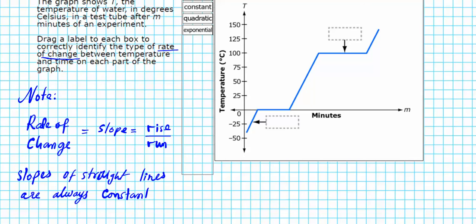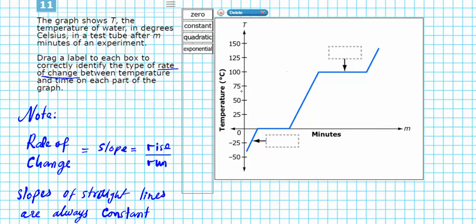So whatever set of points you pick on the straight line and you calculate the rate of change of the slope, you're going to get exactly the same number on the straight line. Okay, so if you look at this graph that we have here, we have 1, 2, 3, 4, 5 intervals, and on each interval we have a straight line. So guess what? For each interval, our slope is going to be constant.